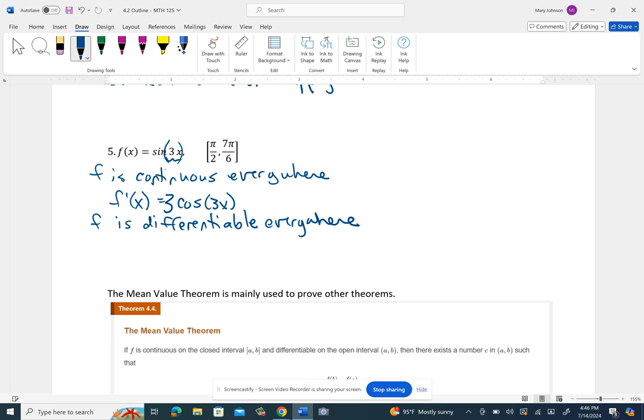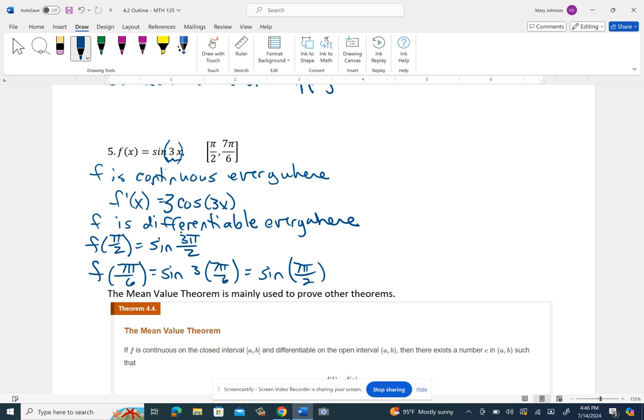Okay. And then I need to check f of pi over 2, which would be sine of 3 pi over 2 when I plug it in. And I need to check f of 7 pi over 6, which would be sine of 3 times 7 pi over 6, which equals the sine of 7 pi over 2.